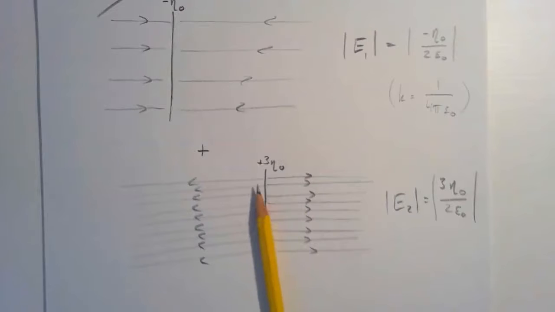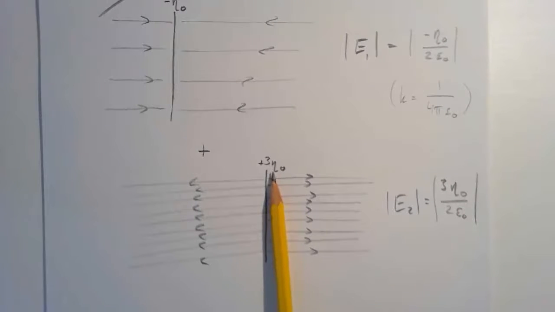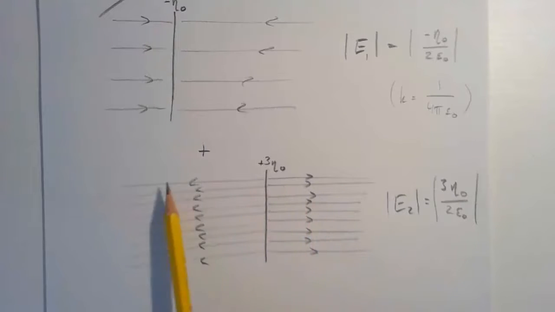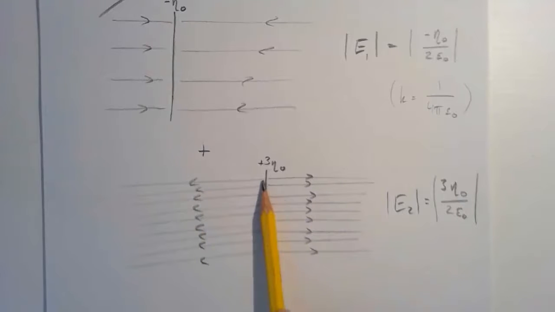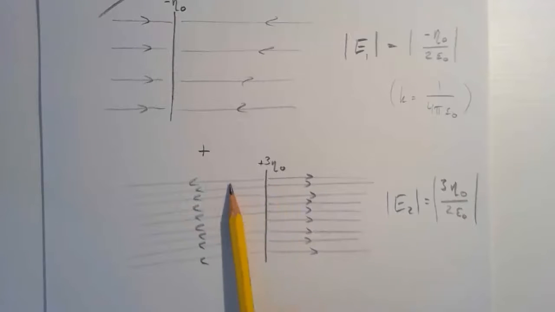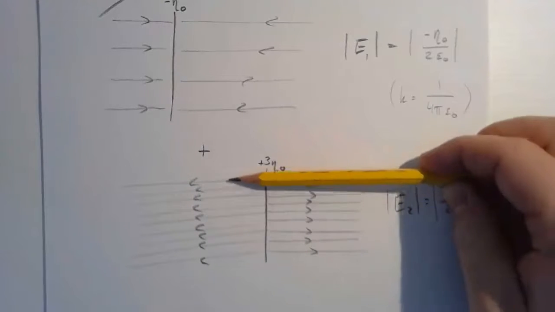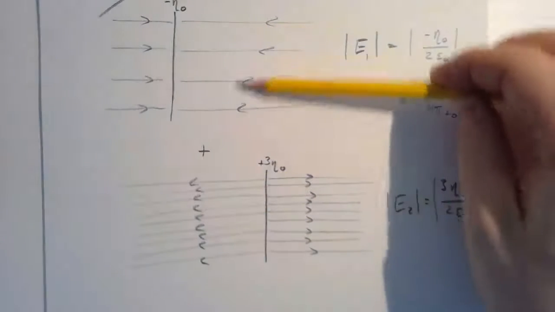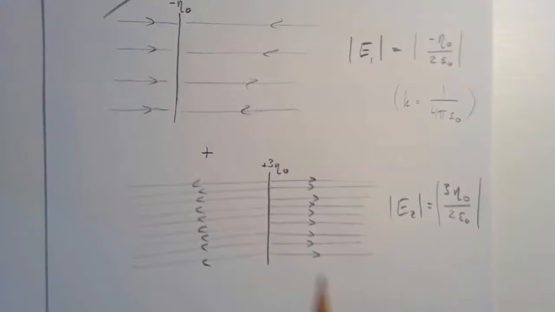The second sheet has 3 times the charge density, 3 times the amount of charge per square centimeter of sheet, and it's also positive. So here the field lines come out, pointing outwards, and they're denser. I've tried to represent this here. There should be 3 times as many lines here as there are here. Not sure if I got it exactly right, but you get the idea.